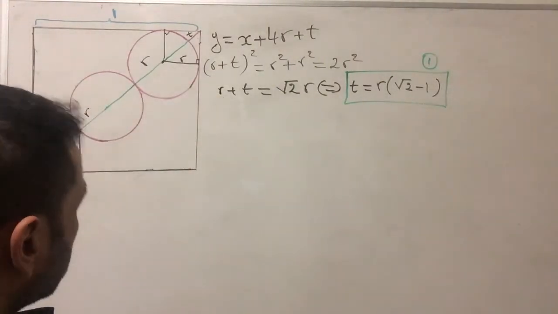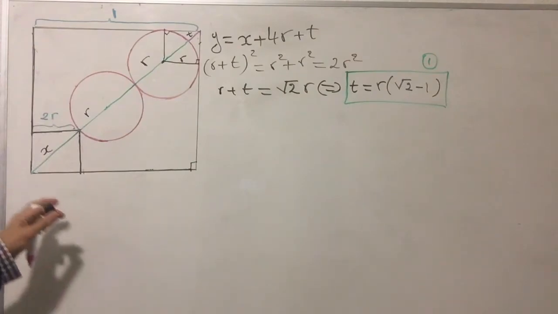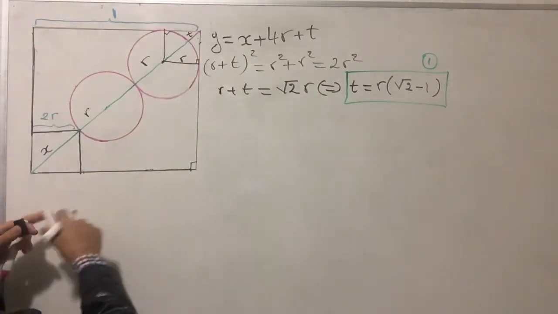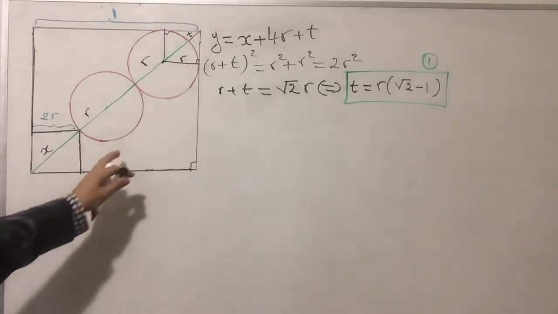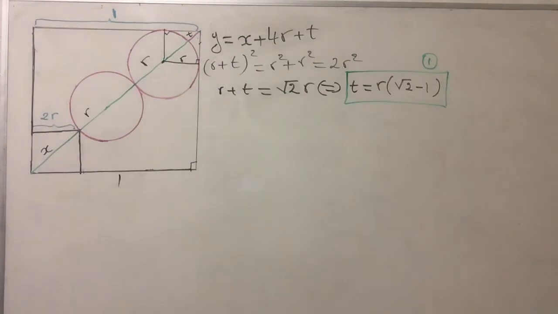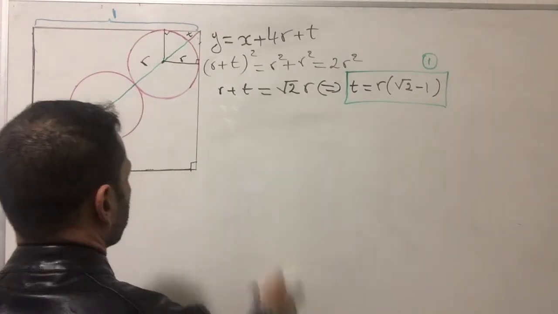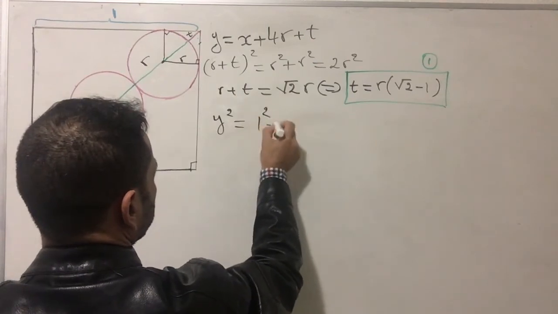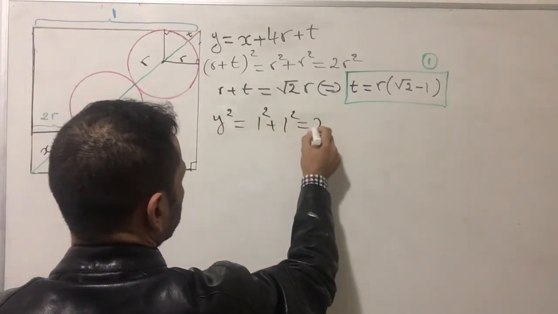The second thing, I'm going to apply the Pythagorean theorem on this big triangle. I will have y squared equal to 1 squared plus 1 squared, which is 2.